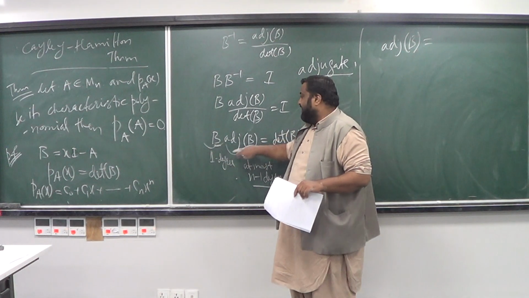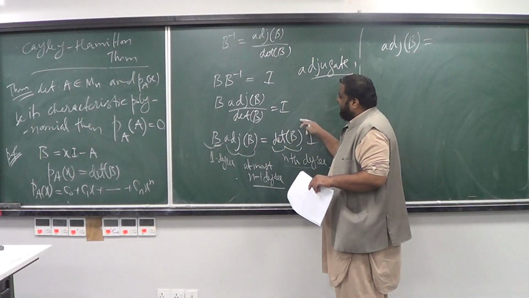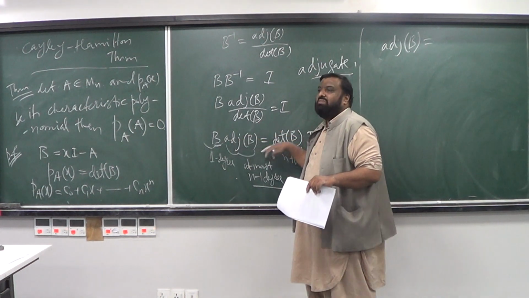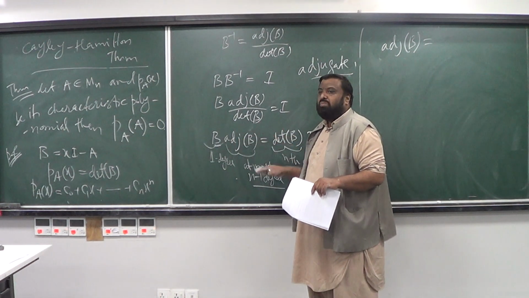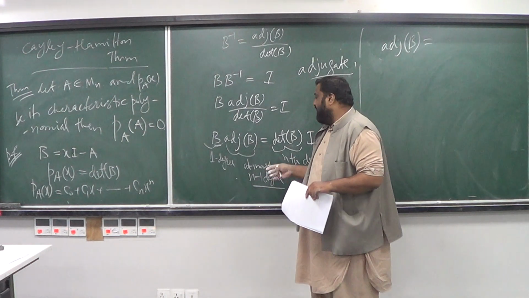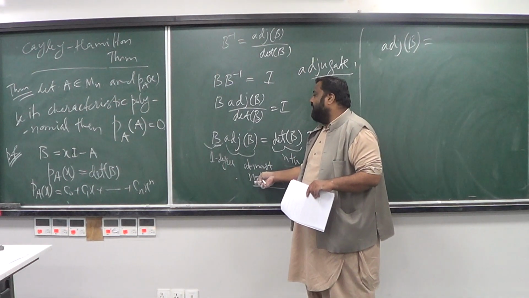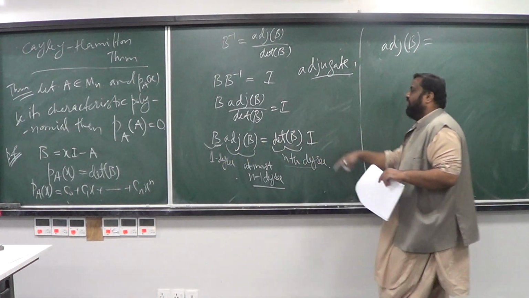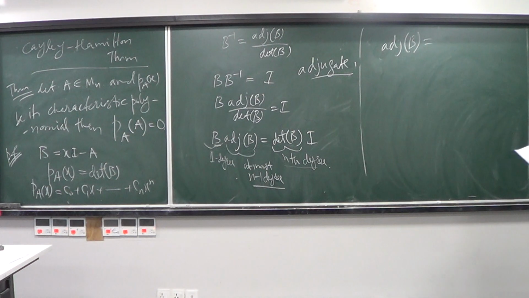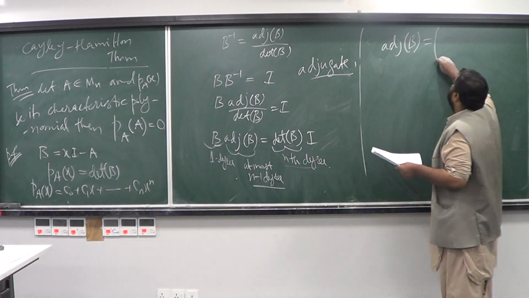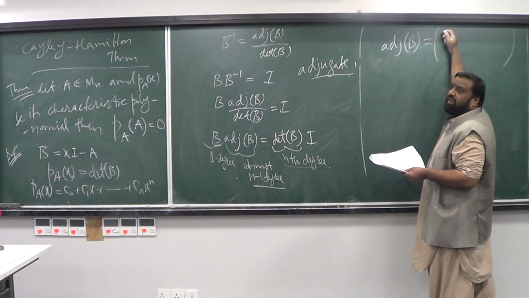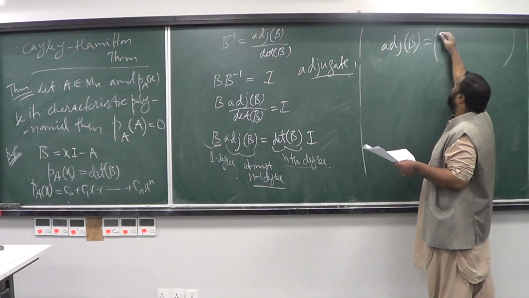So in order to get an nth degree polynomial on this side, the adjugate matrix must contain at most n minus 1 degree polynomials, because an n minus 1 degree polynomial when multiplied with a 1 degree polynomial can give you an nth degree polynomial. So the adjoint of B is going to be an n by n matrix, but in this you're going to have some polynomials that have degree at most n minus 1.